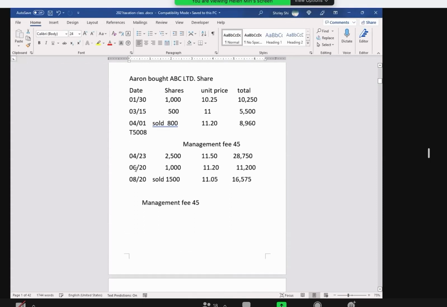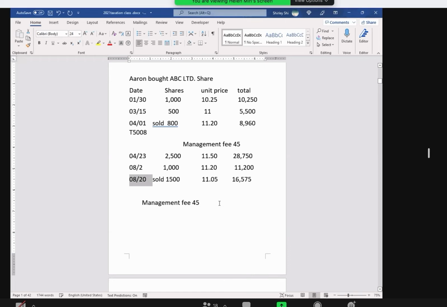The last one I said, for example, if this one is August 2nd, because the purchase day and the sale day are within 20 days, anytime within 20 days, then if you lost, we call it a superficial loss.